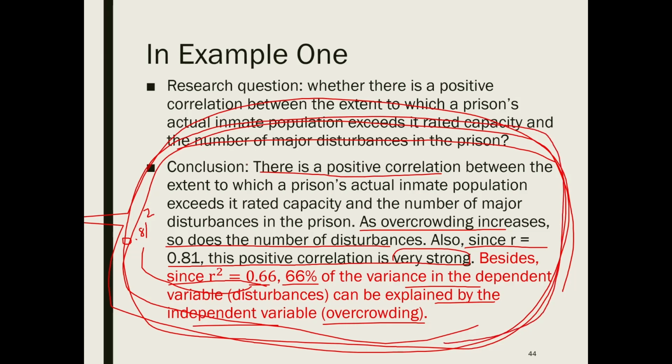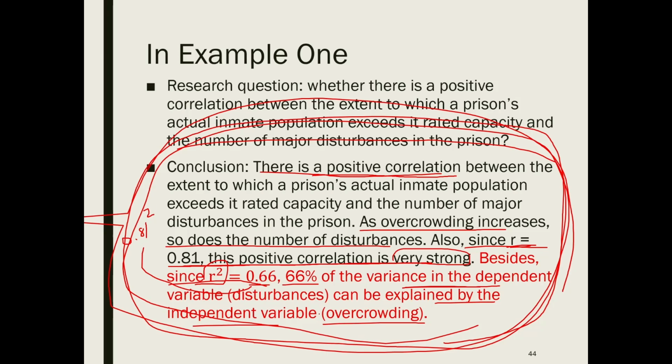You need to explain the t-value, so it's a significant correlation between the two variables. You need to explain the r value, the coefficient r. What does the r mean? It means how strong the relationship is. And you also need to explain what the r square means. It means what percent of the variance in the dependent variable can be explained by the independent variable.